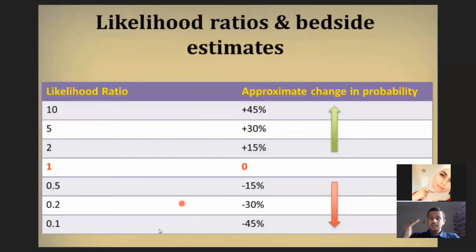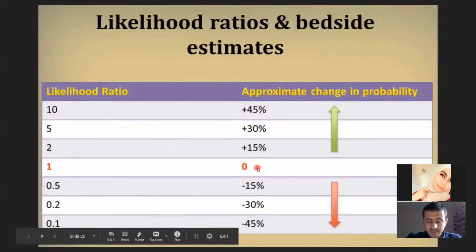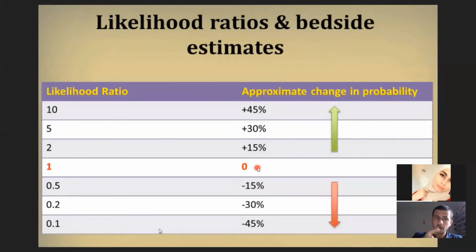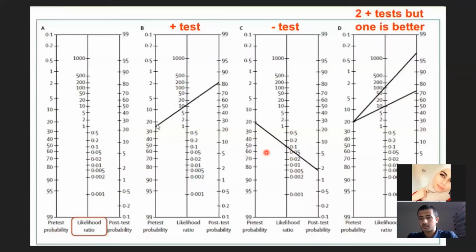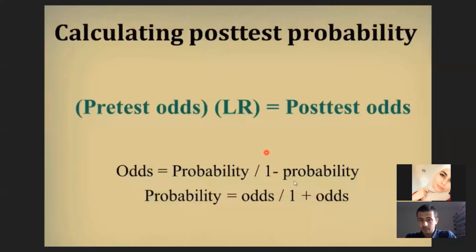And there is actually something that is easier. A likelihood ratio of 1 doesn't increase or decrease the probability. But if I have a likelihood ratio of 2, it will increase the probability by 15%. Those are approximate; for accurate numbers, use those.